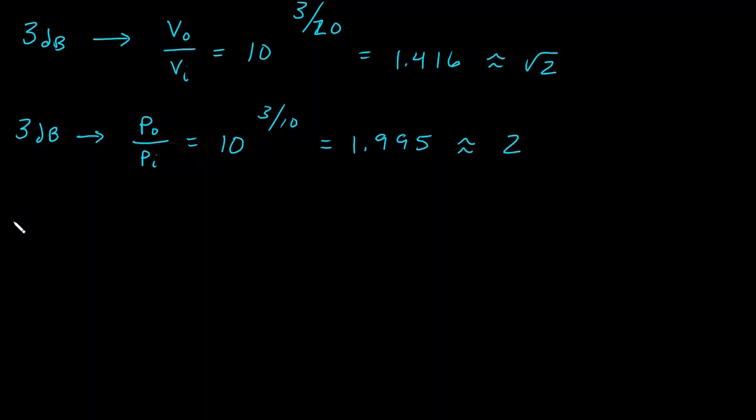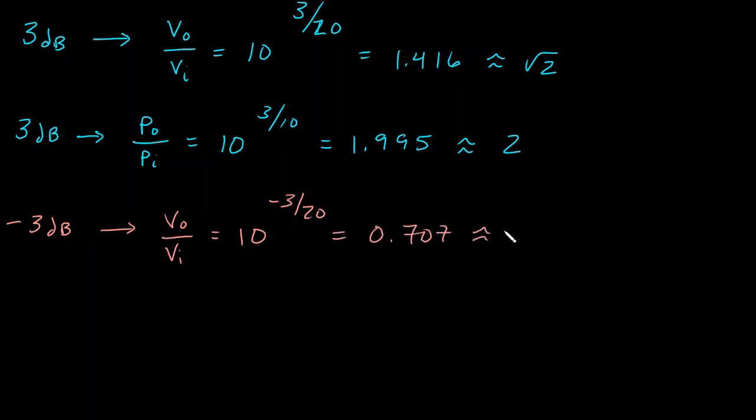If we have negative 3 dB, and we want to find the voltage ratio, V out over Vn equals 10 to the power of negative 3 divided by 20, which looks like approximately 0.707, or approximately 1 over the square root of 2, or square root of 2 over 2, either way you want to write it.